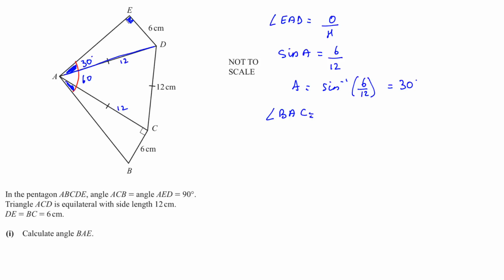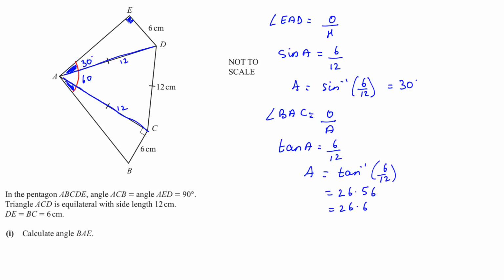Now for the other angle, angle BAC. Again, look what you have. You have opposite and this side is adjacent. Opposite over adjacent means you're going to use tan. Therefore, A is equal to tan inverse 6 over 12. 26.56, we'll round it to 26.6.